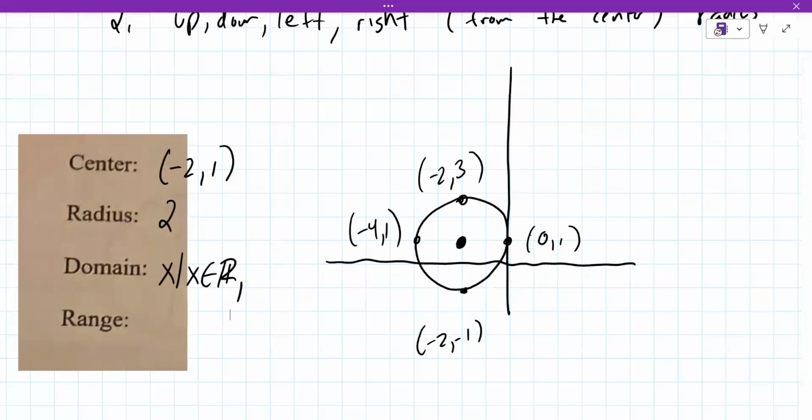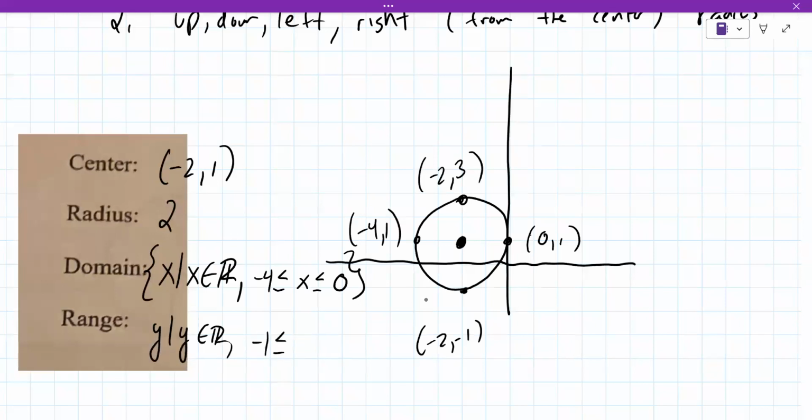So what's the leftmost x value in your graph? -4. So -4 is less than or equal to x, and x is less than or equal to 0. And for the range, it would be y such that y, comma, -1 is less than or equal to y, which is less than or equal to 3. That is correct. Good. All right, awesome.